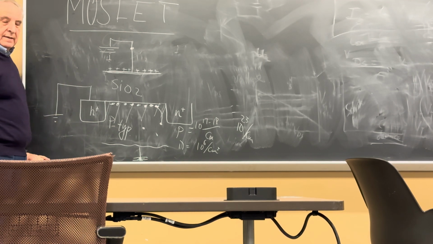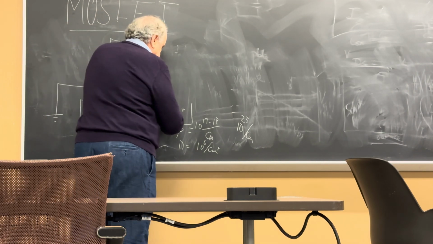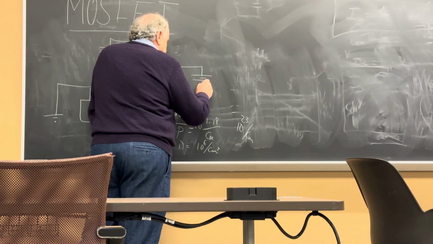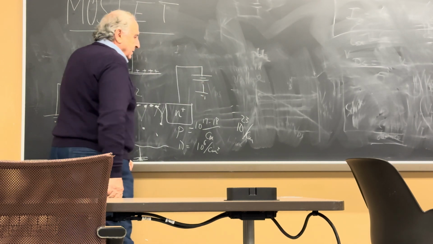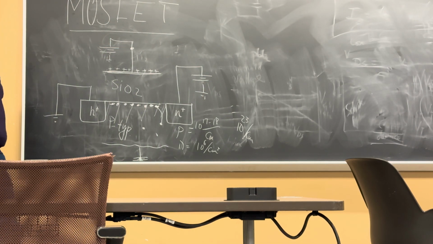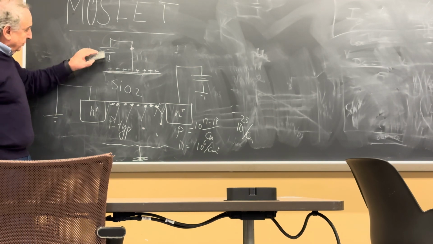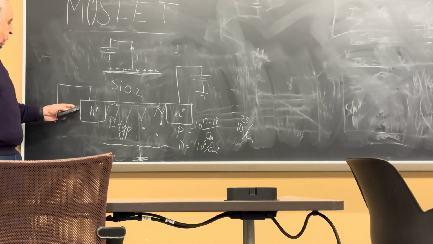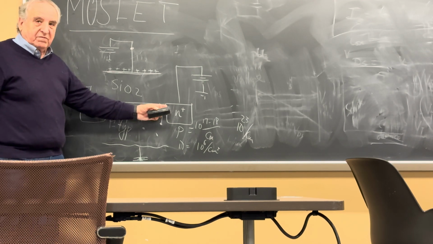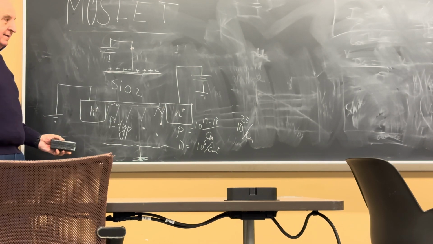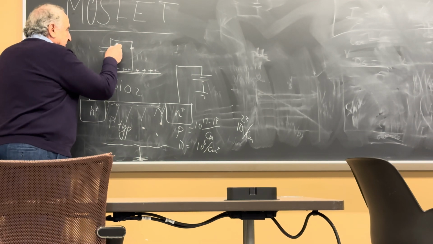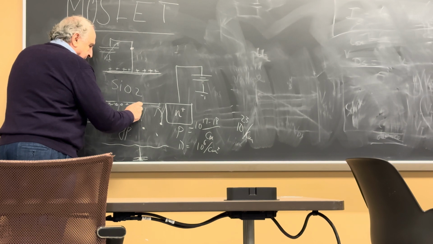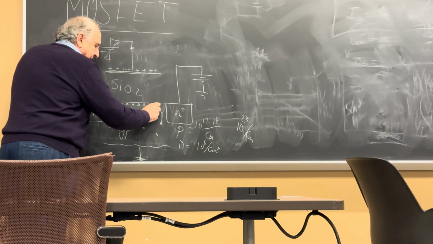Now, I take this side, I apply a voltage to it. Now, if I don't do anything here, what do we have? This is grounded, this has a positive voltage, nothing happens, right? Now, crank up this voltage, what happens here? Generate negative. You get negative charge accumulating in here.